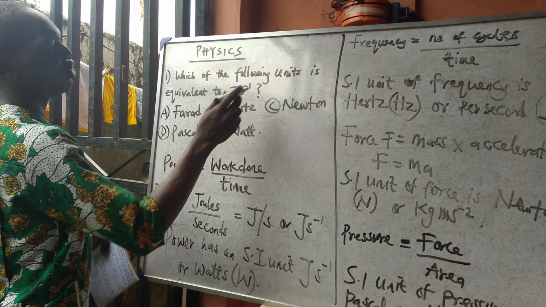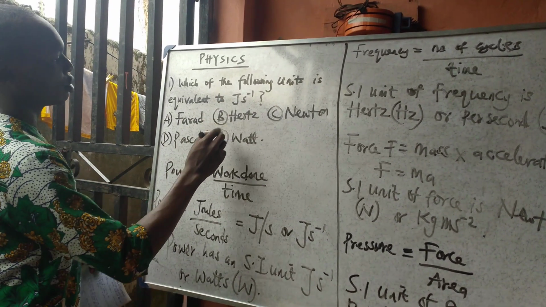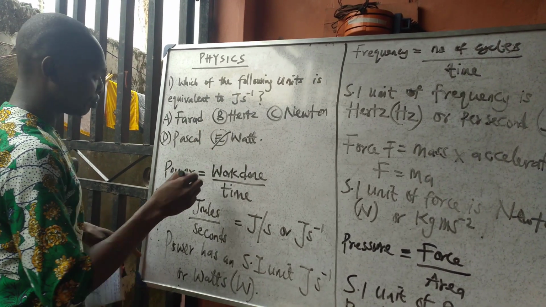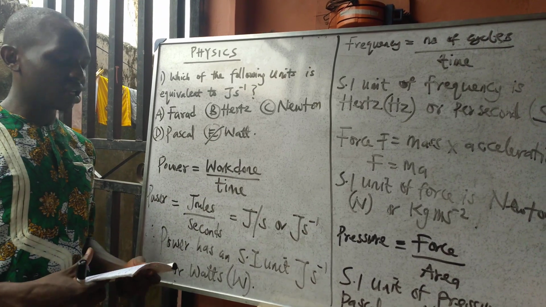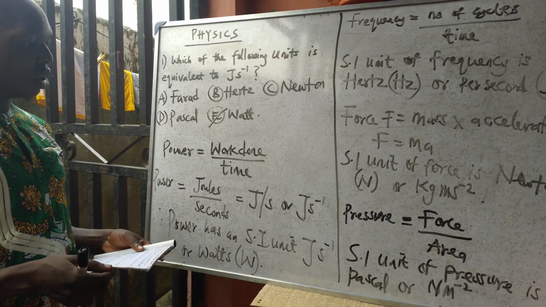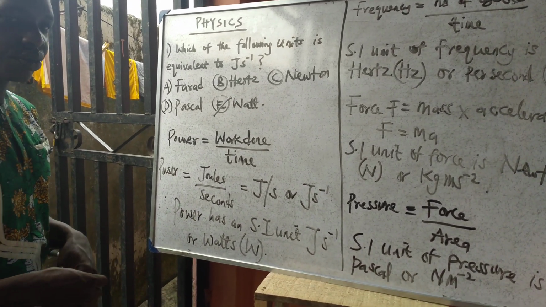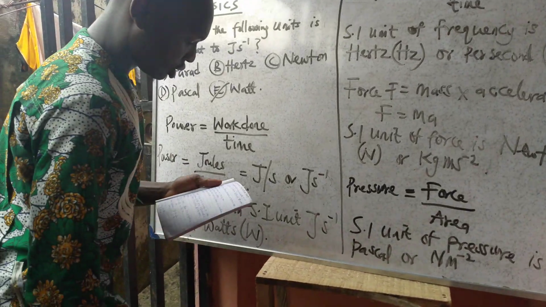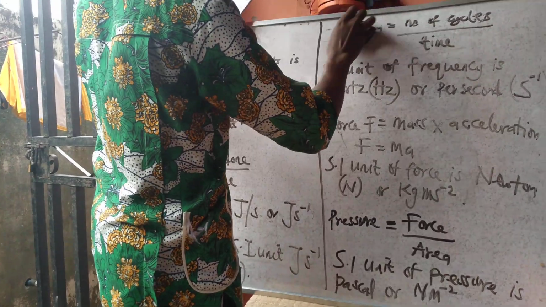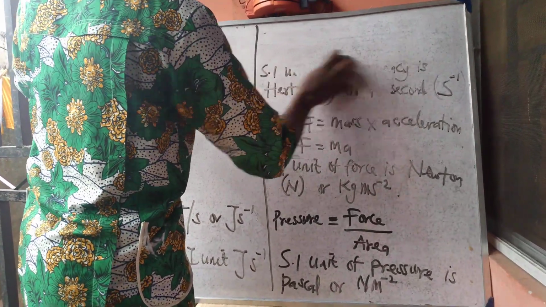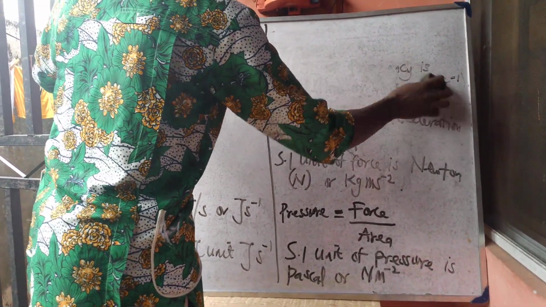So the question is, which of the following units is equivalent to joules per second? The answer is watts. That is it. This is the SI unit of power, watts. Alright, we'll look at the next question.